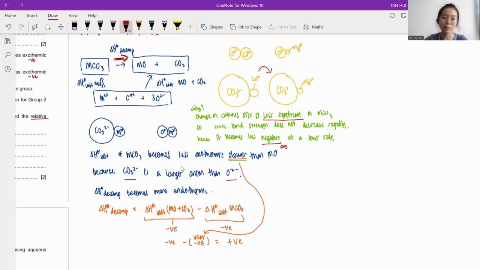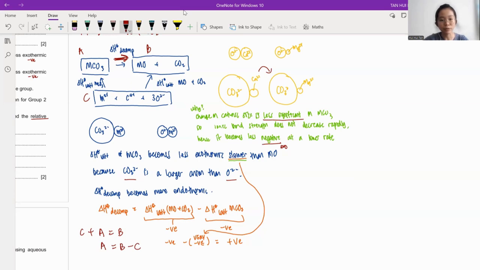So sometimes when you are confused, label it as A, B, and C. From the Hess cycle, you know that this is equal to this. So your C plus A is equal to B. So you want to know the decomposition part, the enthalpy change of decomposition. Your A is equal to B minus C.